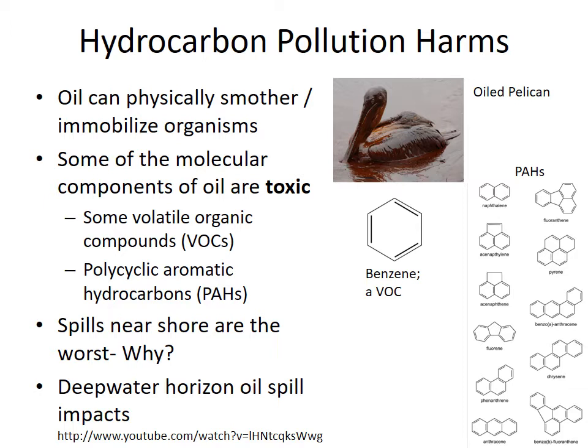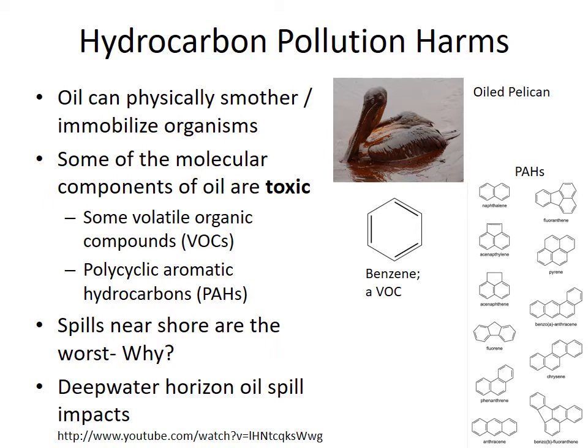And then there are some toxic effects of oil, because oil is not just one chemical, it's a mix of many, many different hydrocarbons, which are complex organic molecules with carbon and hydrogens forming chains and rings. And some types of hydrocarbons are toxic to life.